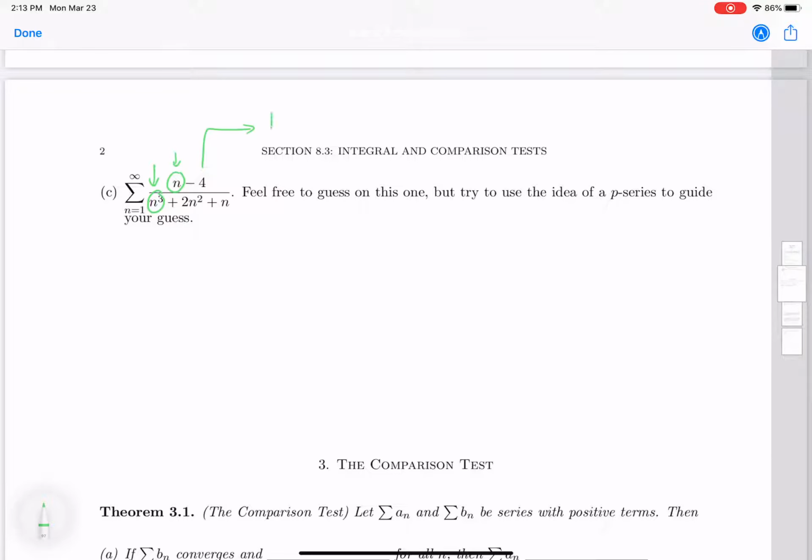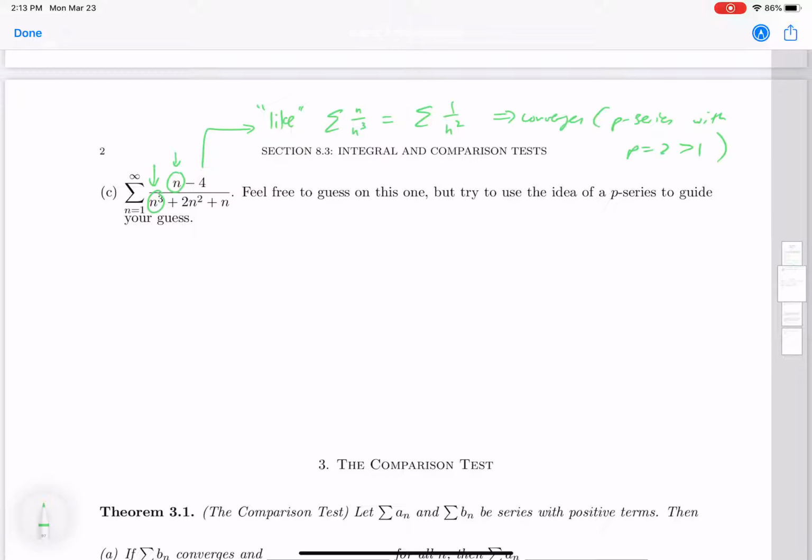So this is like doing the sum of n over n cubed, which is the same thing as 1 over n squared, which converges. It's a p-series with p equal to 2, which last time I checked is greater than 1.